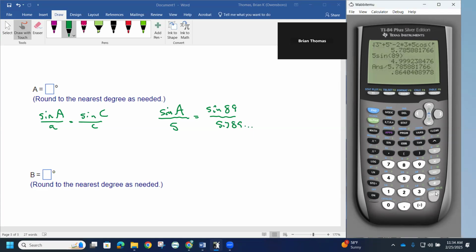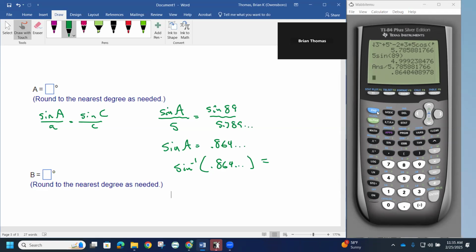And that's going to give us then this 0.864. So what I have now is the sine of angle A is going to equal this 0.864. Now remember, to find angle A, we have to use the inverse sine of that. So the inverse sine of this is going to give me angle A.